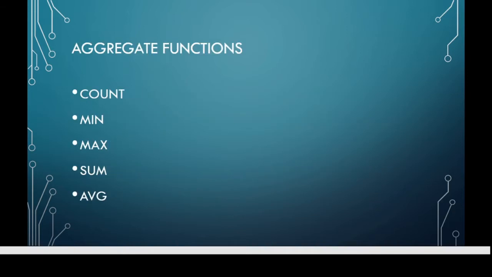Okay. So, ano yung mga iba't ibang aggregate functions? We have count, min, max, sum, at AVG or average. Count, this returns kung ilan ba ang number of rows. Min is ano yung pinakamaliit na value, numerical value.